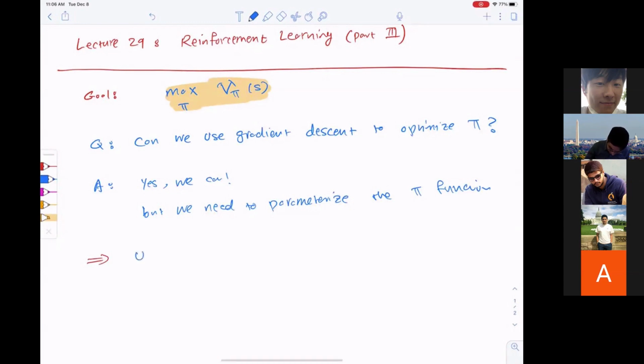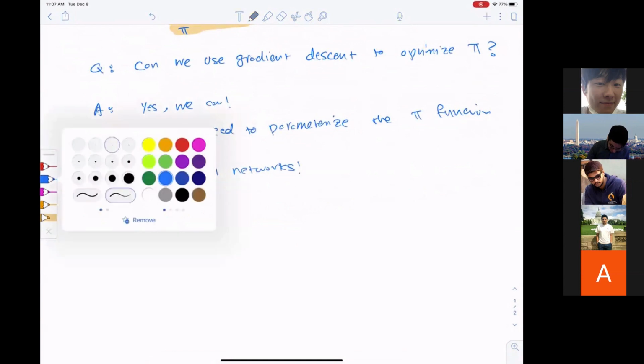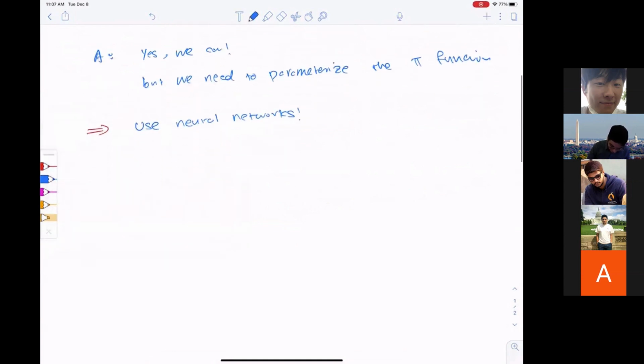So we are going to use neural networks in order to do that. Remember, in the last lecture, we used neural networks to parameterize either Q function or the V function. Here, it is a little bit different. Here, we are using neural networks to parameterize the pi function. So my pi function, let's say, would be a function with parameters theta, mapping my states to my actions.